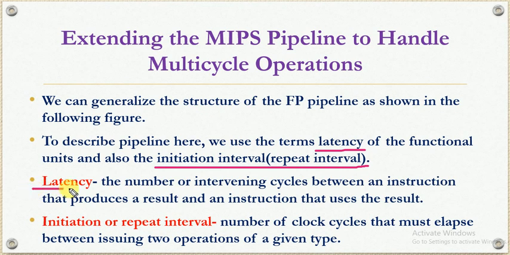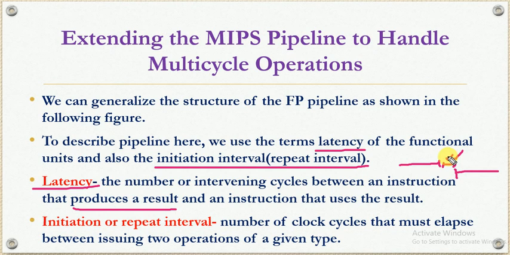Once again, it is the number of intervening cycles between an instruction that produces a result and an instruction that uses the result. There is a gap, a time delay, between these two.